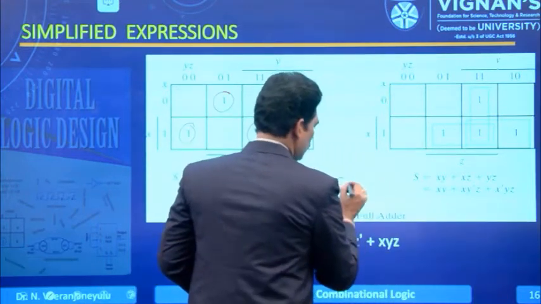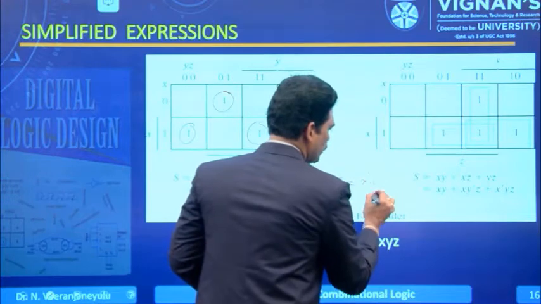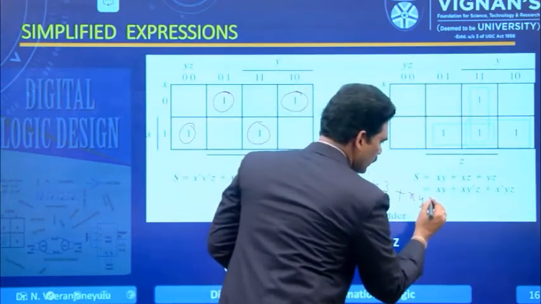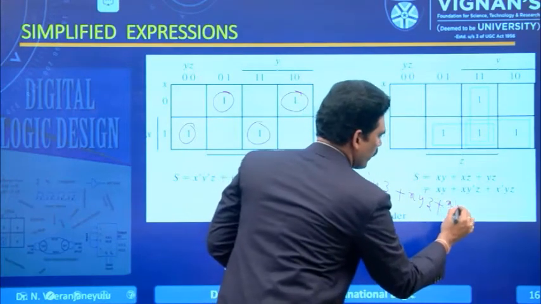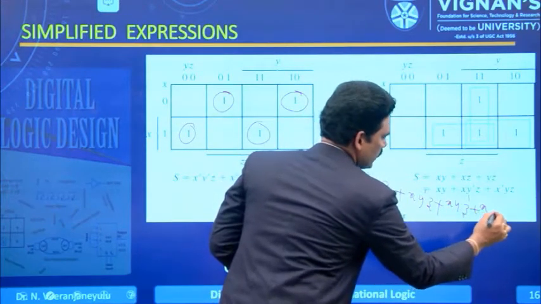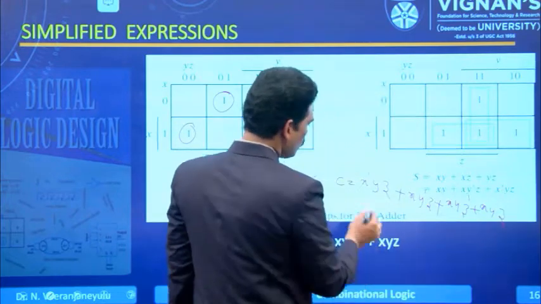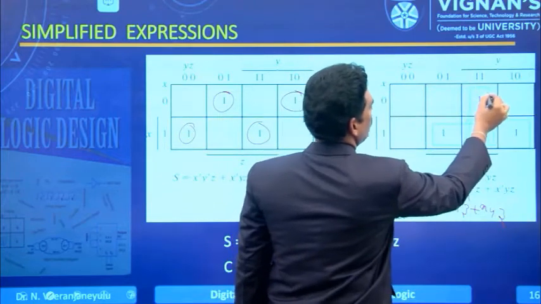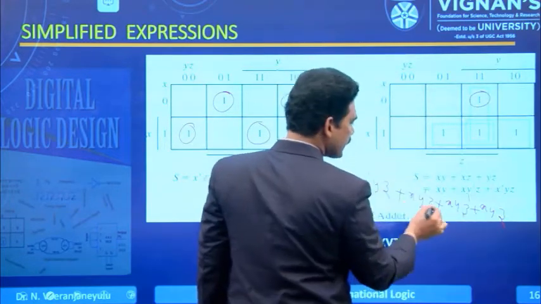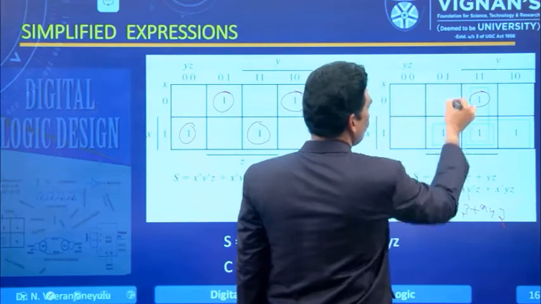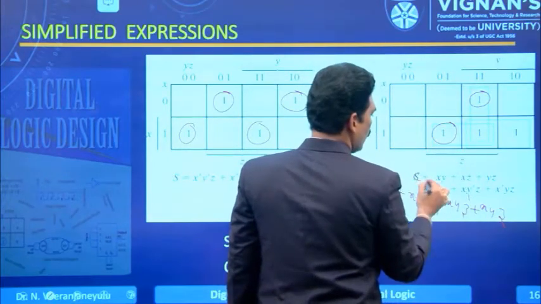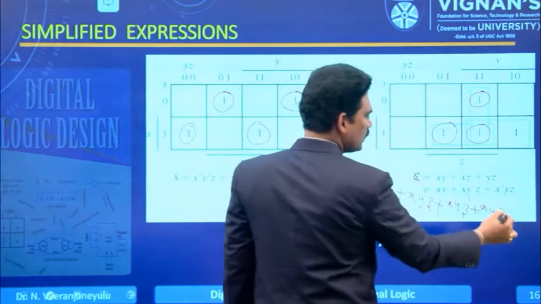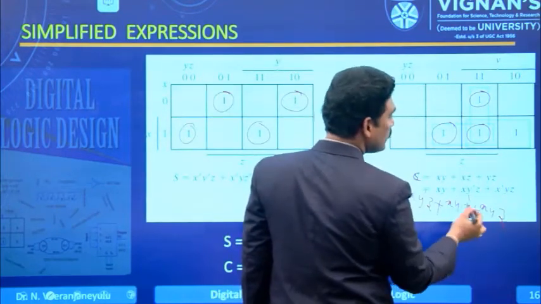C is equal to X bar Y Z, plus X Y bar Z, plus X Y Z bar, plus X Y Z. So C is equal to X bar Y Z, this one, and X Y bar Z, this one, and next X Y Z, this is X Y Z, and this is X Y Z bar.